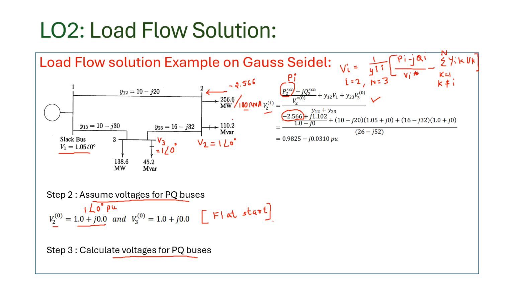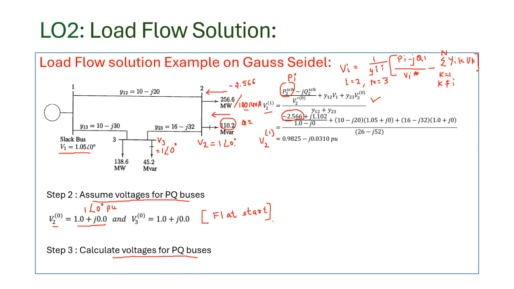Similarly, this Qi value, that is Q2 value, is converted to base, and again we put a minus sign to that, so that we get the net reactive power injected into the bus. Then expanding this summation and putting other admittance values, we get this voltage at second bus, and this is a more accurate value.